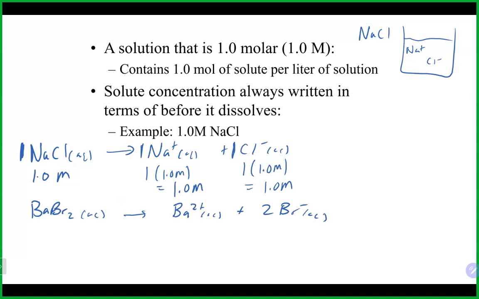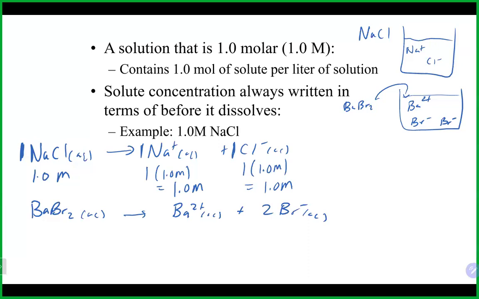So unlike our sodium chloride sample, if we took a little barium bromide and threw it in there, we would get a barium ion floating around and a couple of bromide ions as well.